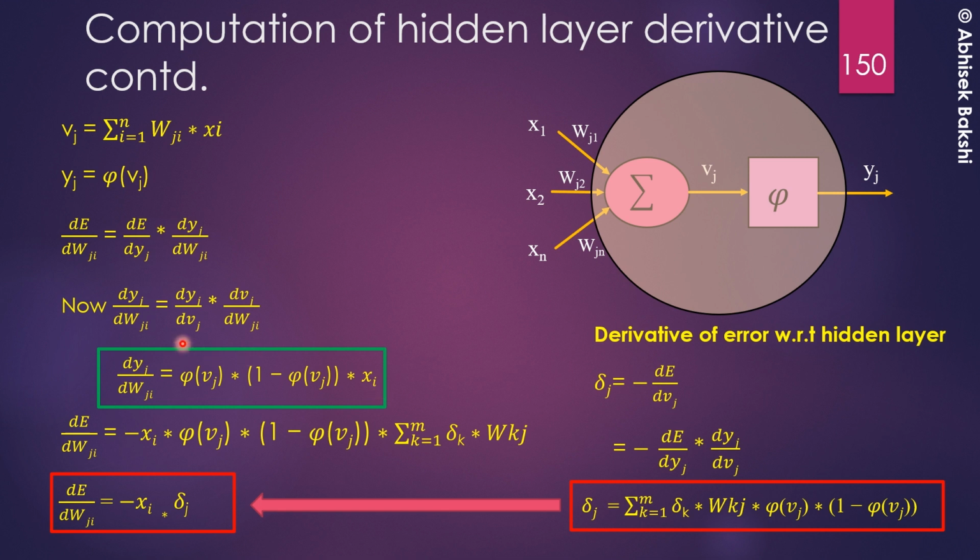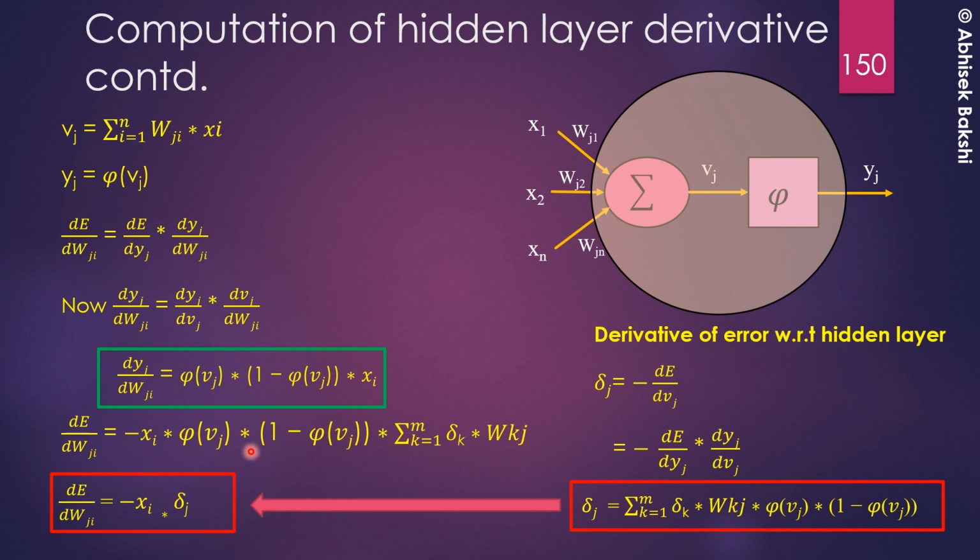So what did I get? The derivative of yj with respect to wji is this. So I can put this equation here, and I already have the expression for this other component. So I can easily get the derivative of error with respect to wji, which is this one.